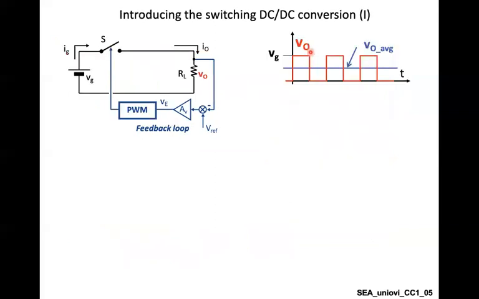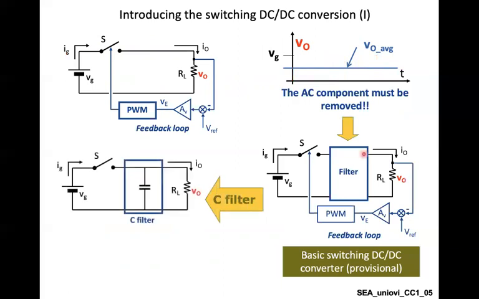So what we are considering now is to add some block here so that, instead of getting a square wave output as this red curve, it should get some DC variable here. So what we are going to do is to add a filter.